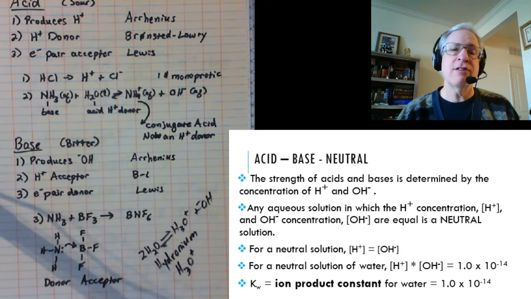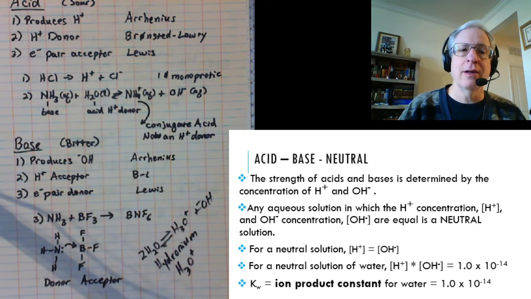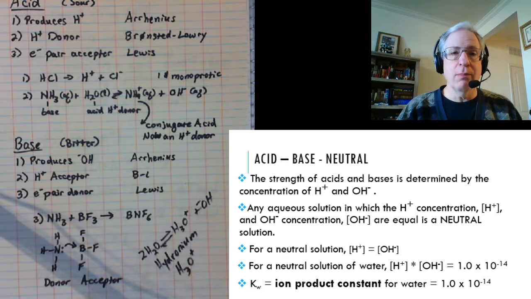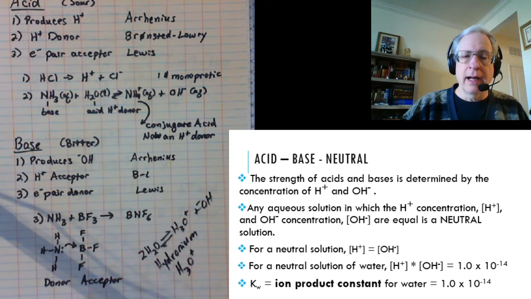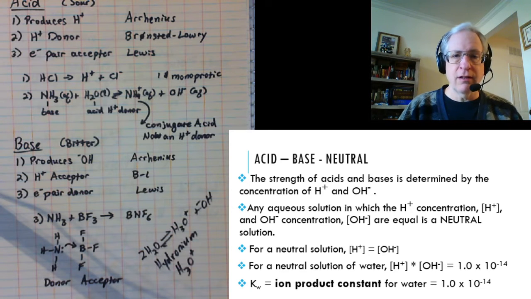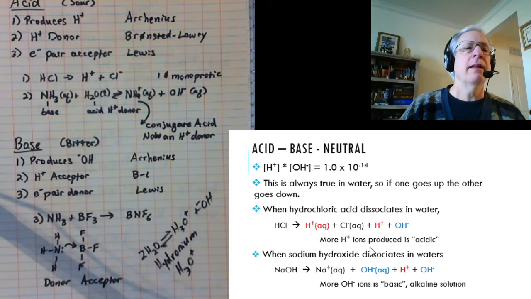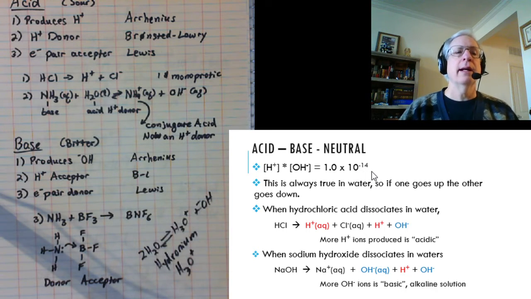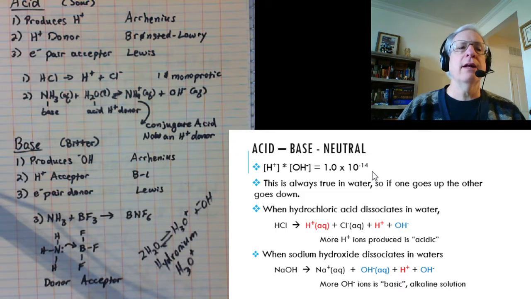But if that concentration shifts one way or the other, you can get all the way up to 1 molar, so from 1 times 10 to the negative 7th molar to 1 molar hydrogen ion concentration, and you can see that there's a huge range of strength in acids. Now the thing is, this is a 10 to the power scale, right? So it's a huge range.